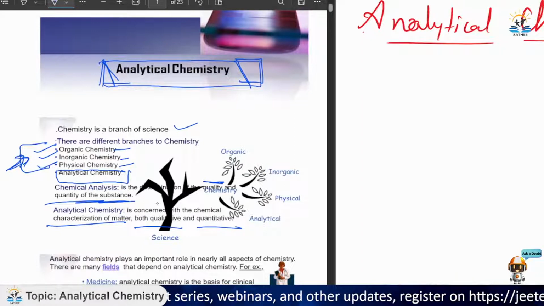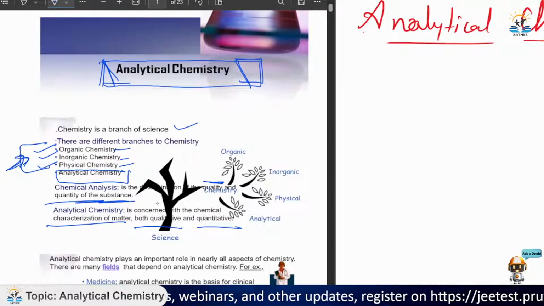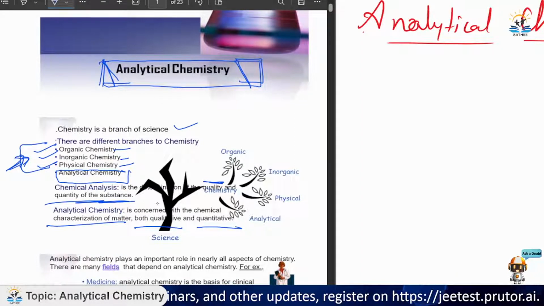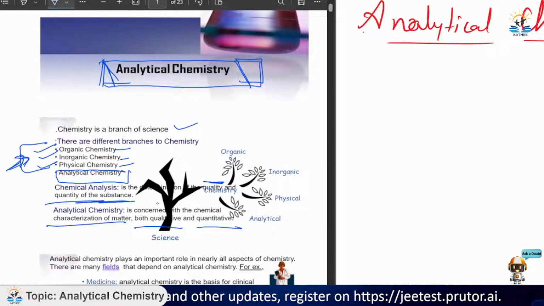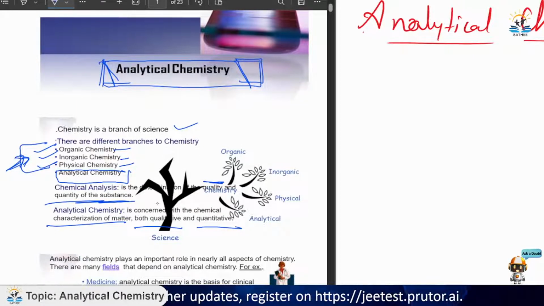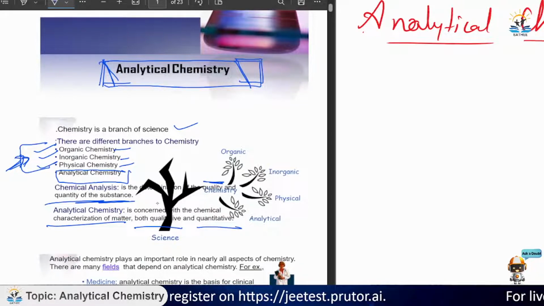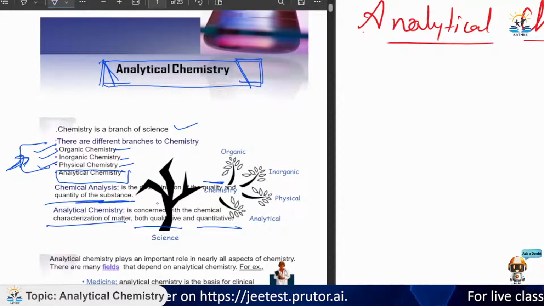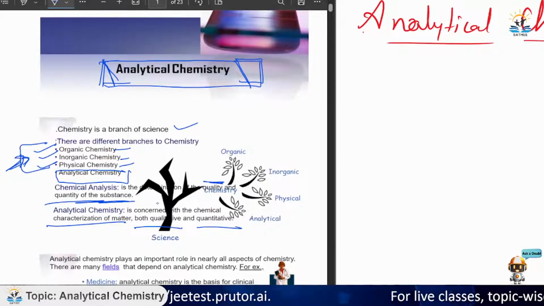So what it is saying is that when we are performing any chemical reaction, we just consider the reactant and product formation. But in analytical chemistry, we analyze all the parts, like how much is formed by mole or by quantity, and we also observe the quality of that product.